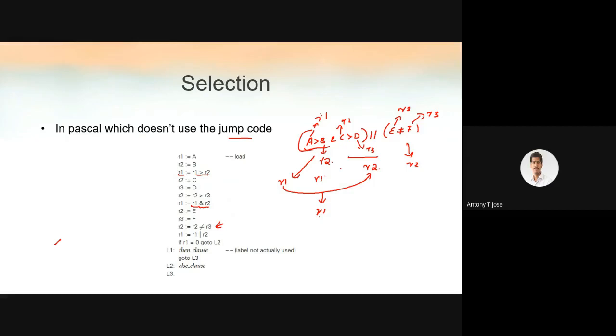If the resultant is zero, that means the result of the whole condition is false, and it will go to L2, that is the else clause. If the result is not zero, that means the condition is true, so it will go to the then clause.